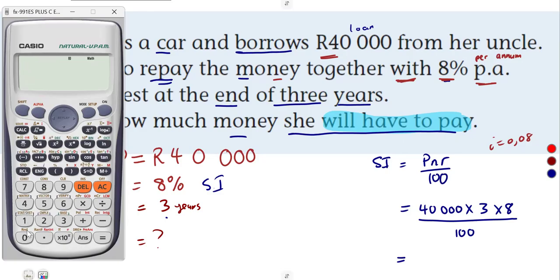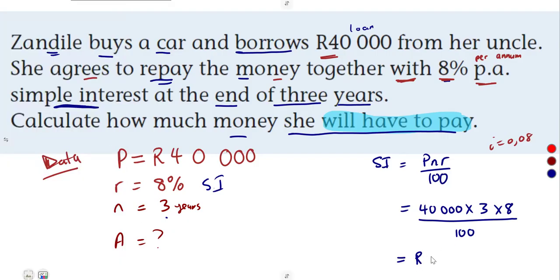So this is going to be 40,000 times 3 times 8 over 100. So this is 9,600. So the simple interest is 9,600.